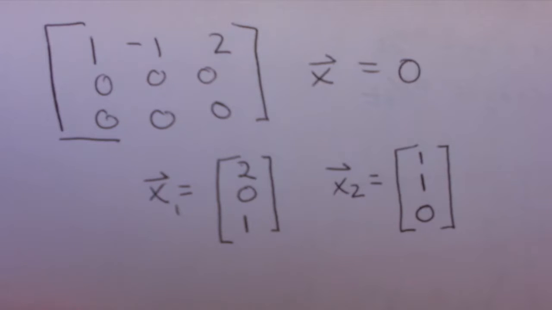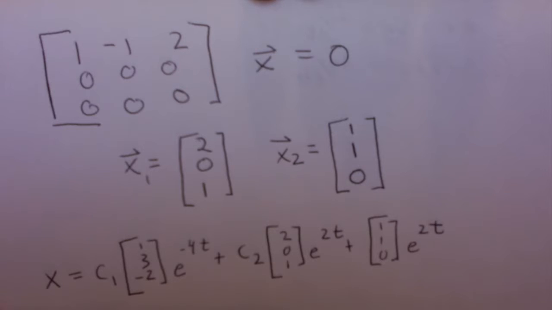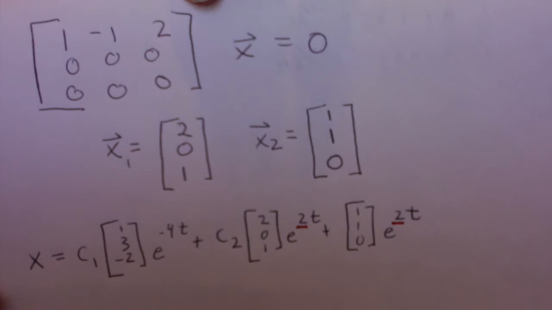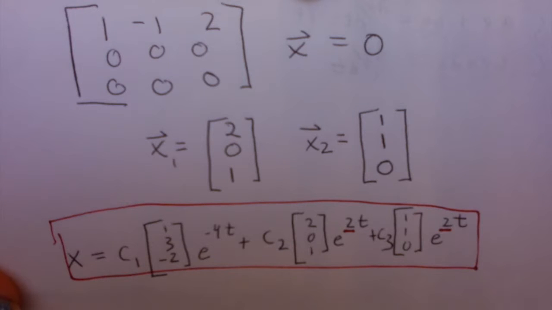If you'd like, you can always check your solution by multiplying each of your eigenvectors by your row reduced A minus lambda I to make sure that you get 0. Then you just write your solution the same. The only difference is 1 lambda will be repeated, but otherwise your solution will be pretty normal.